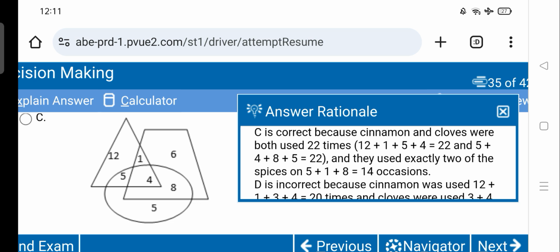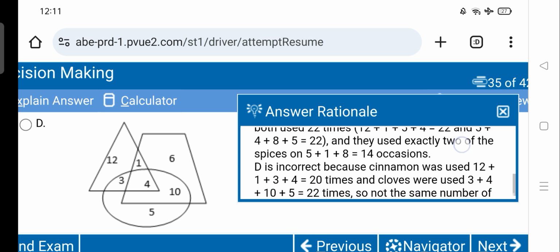That is 12 plus 1 plus 5 plus 4 equals 22, and 5 plus 4 plus 8 plus 5 equals 22, and they used exactly 2 of the spices on 5 plus 1 plus 8 equals 14 occasions.